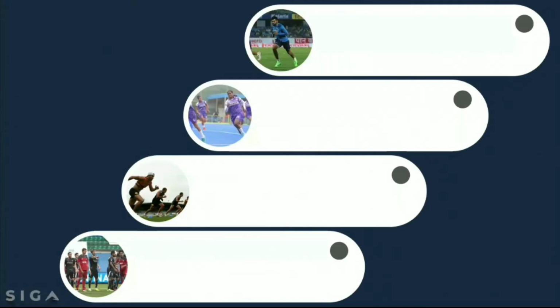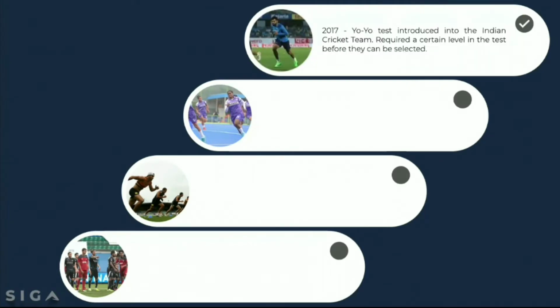I've seen an increasing number of sports recently adopting aerobic prescription and aerobic assessment. One example is the Indian cricket team, which adopted the yo-yo test in 2017. Now it's required that they perform this test and attain a certain level of performance in order to be selected.